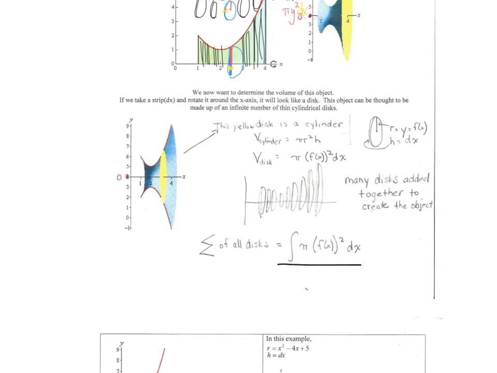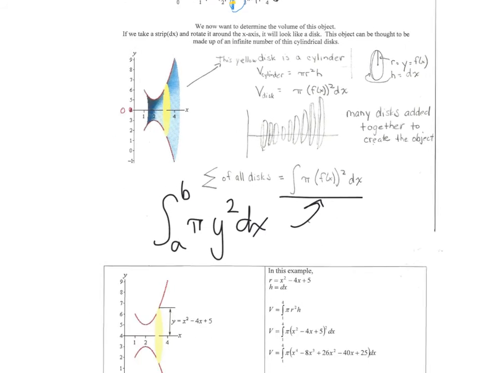So really the formula for finding the volume created by rotating a shape around the x-axis is adding up all those disks, but that's equal to the integral from a to b, whatever your endpoints are, of pi times y squared, because that's our radius, times dx, or another way of looking at that, instead of using y, we can use f of x squared.